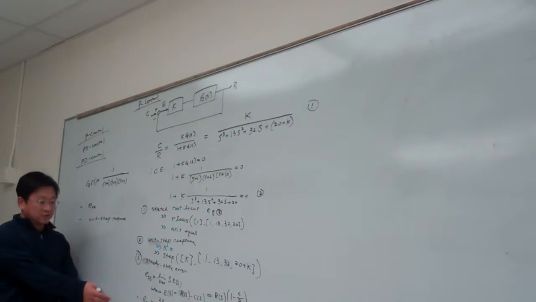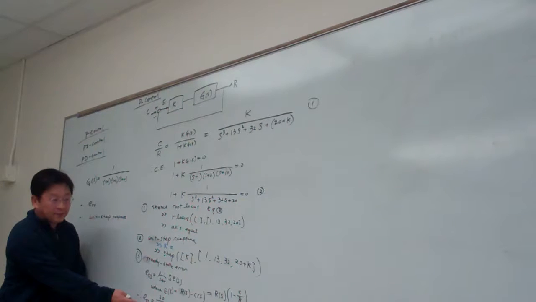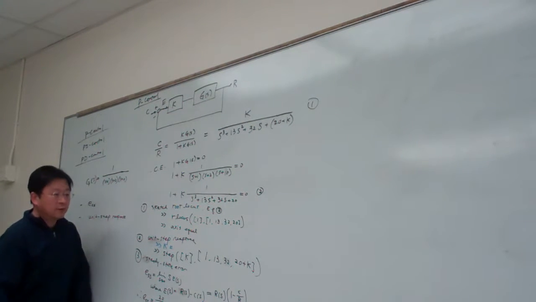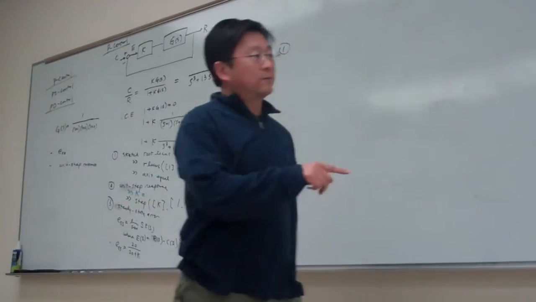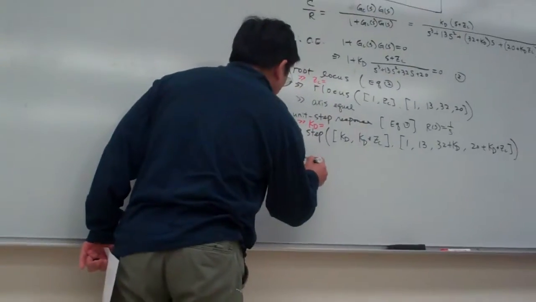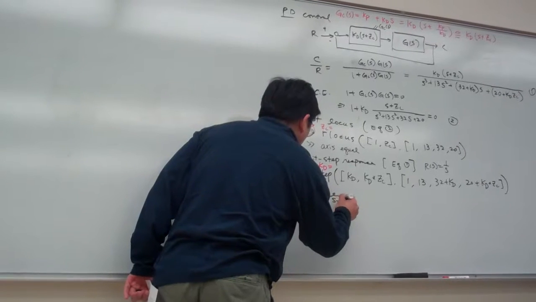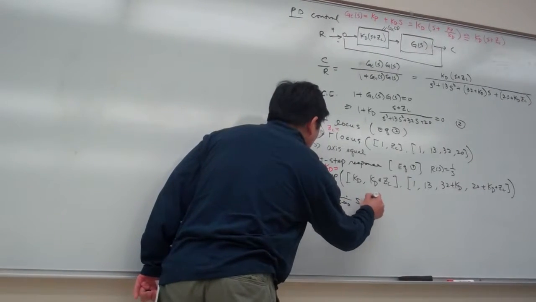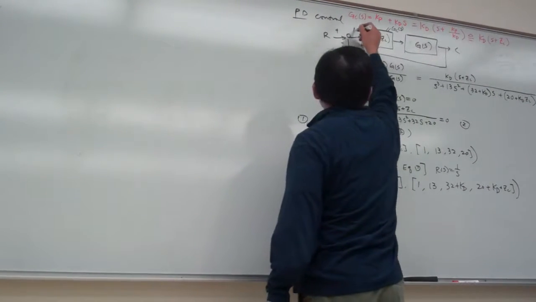This is what we did last time. You can compare to your notes. So back to here, we have the steady state error, the limit as s goes to 0 of s times E(s). And again, E is this one here.